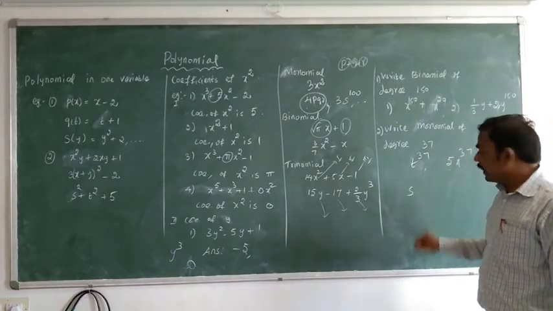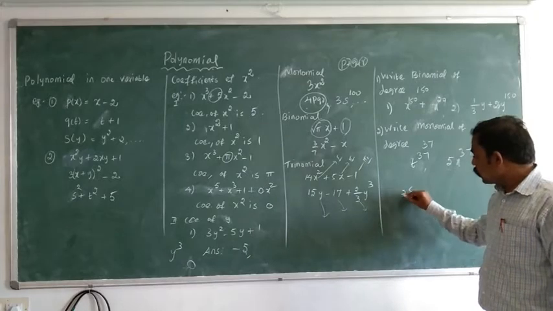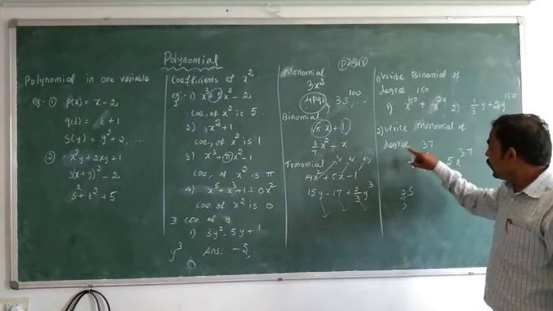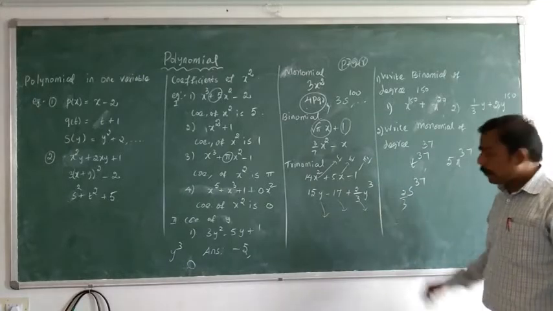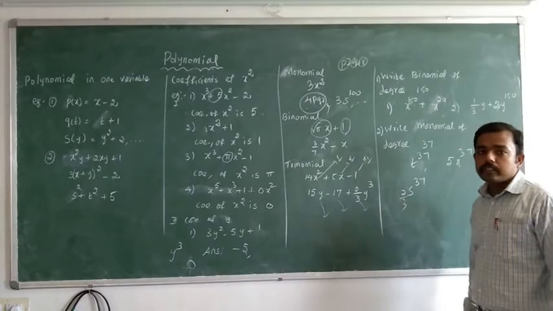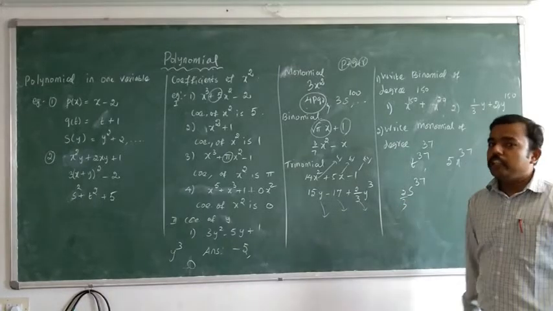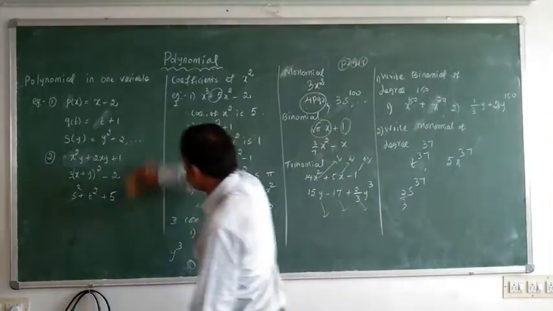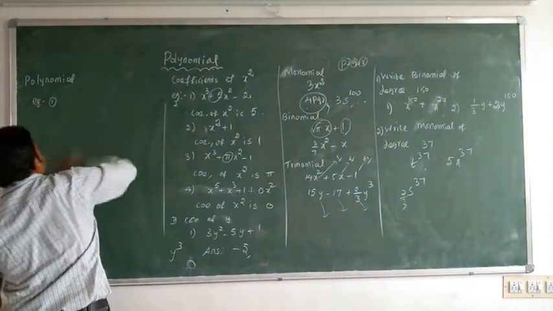Suppose we need s, we can introduce 2 by 3. That is, the coefficient of s is 2 by 3, and we need degree 37. So the power should be 37. You can introduce any coefficient. Like that you can write your own examples. Many examples you can write. Right. Similarly, we are going to solve some problems.